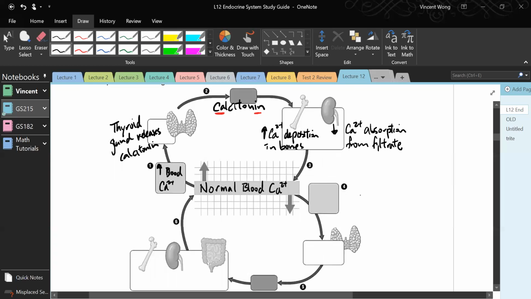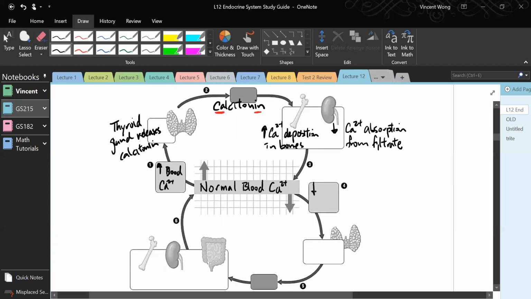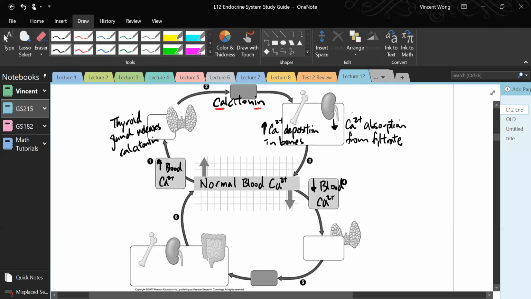On the other hand, if you have a drop in blood calcium, it is going to be detected by the parathyroid gland. So the parathyroid gland releases PTH.